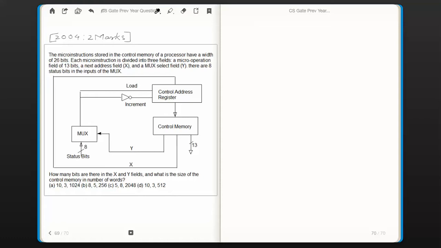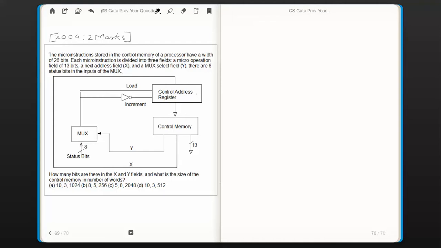That means the next address loaded in the control address register would be from the input of the control address register. And if the value of the output of the mux is 0, then the control address register would work in increment mode.